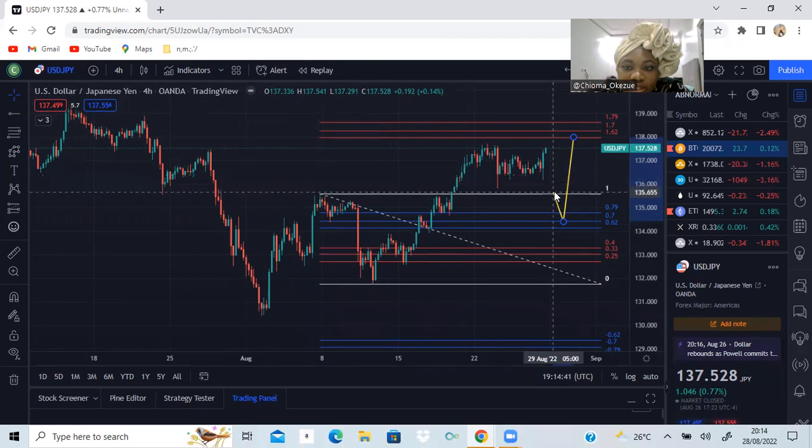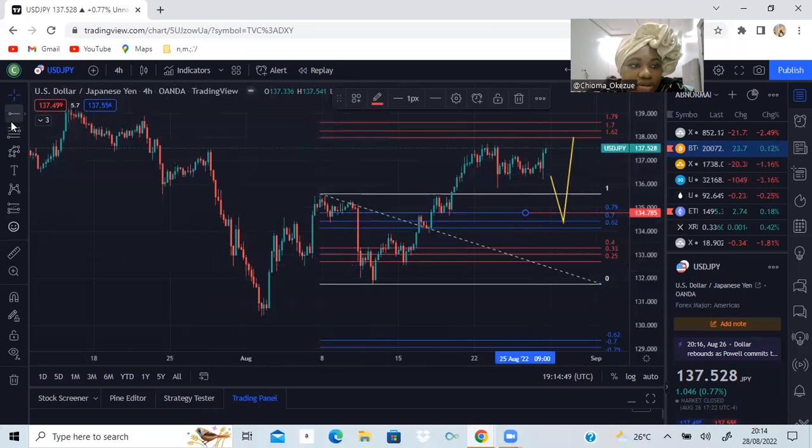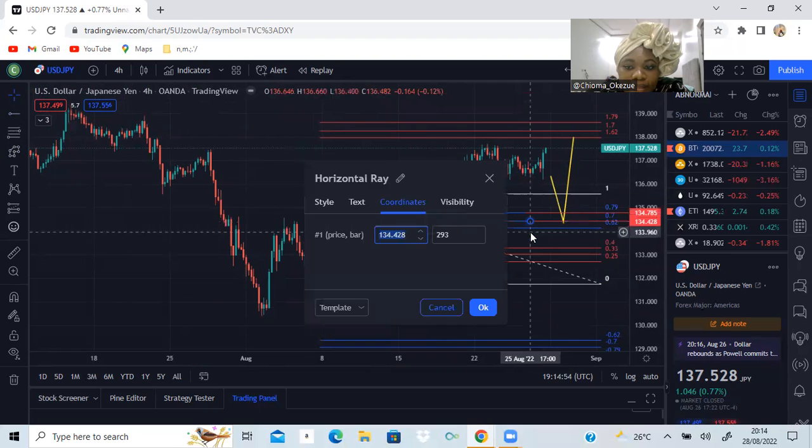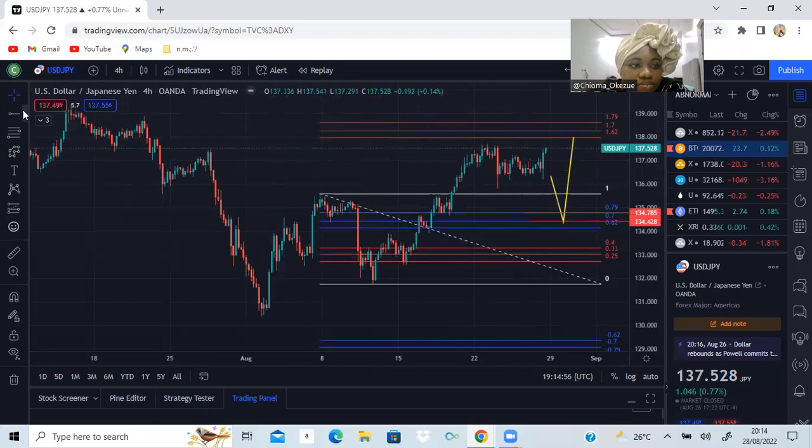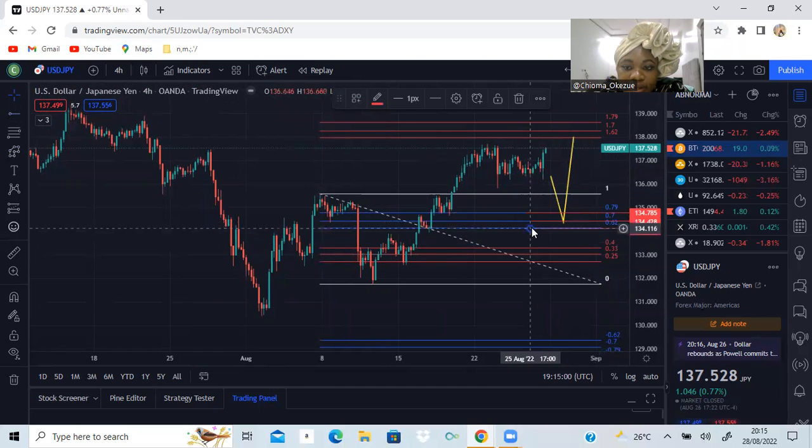So first entry, second entry for a buy, first entry for a buy, second entry for a buy. Third entry for a buy. Make all of them golden.